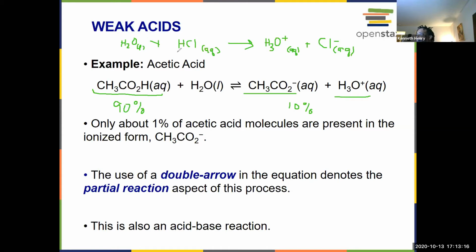So right now, this is just showing you that this here is the acid, and it shows that it separates. In all honesty, you could write it like this. You don't need to have the water there because you already have the water in that aqueous part, right? It's going to break down into these ionic forms.